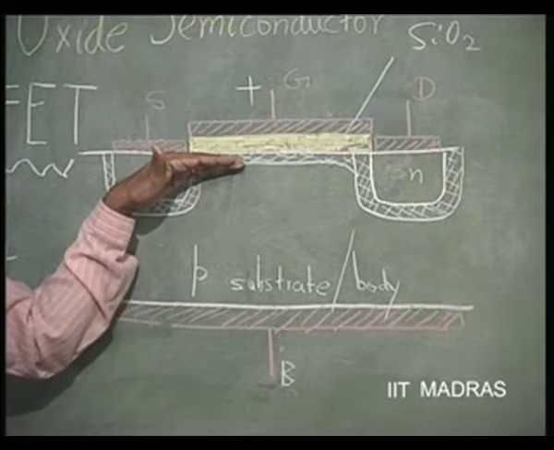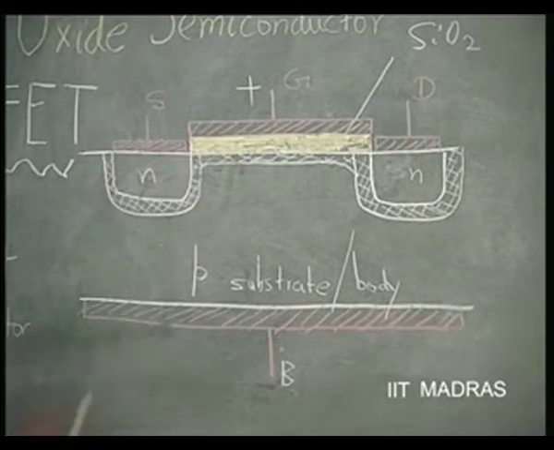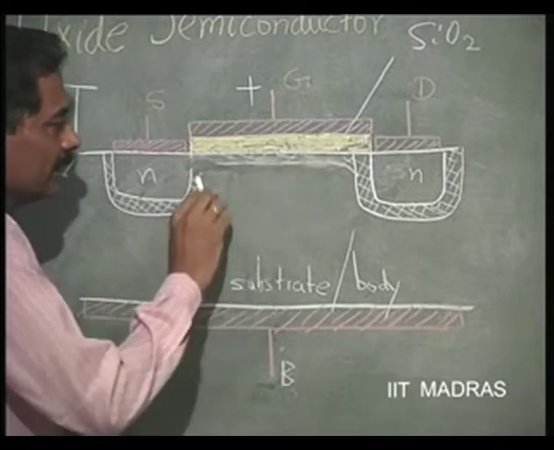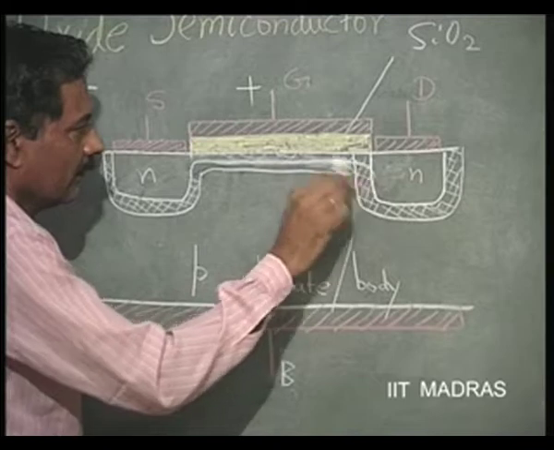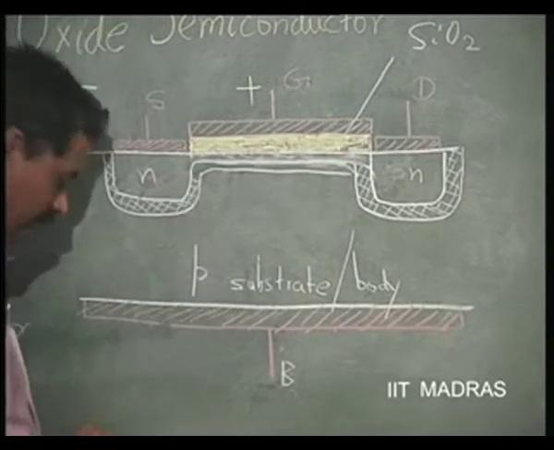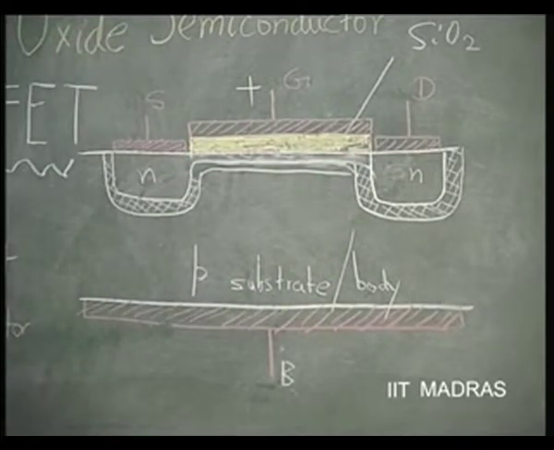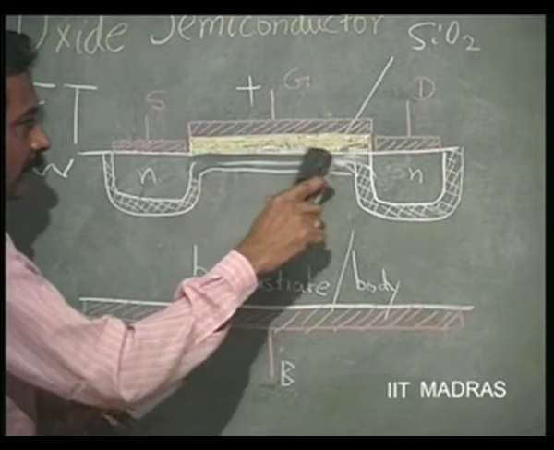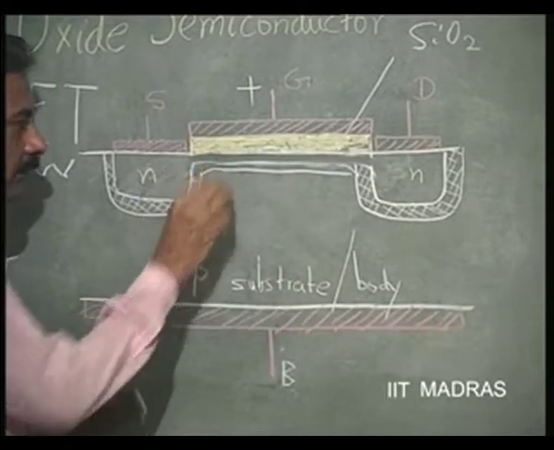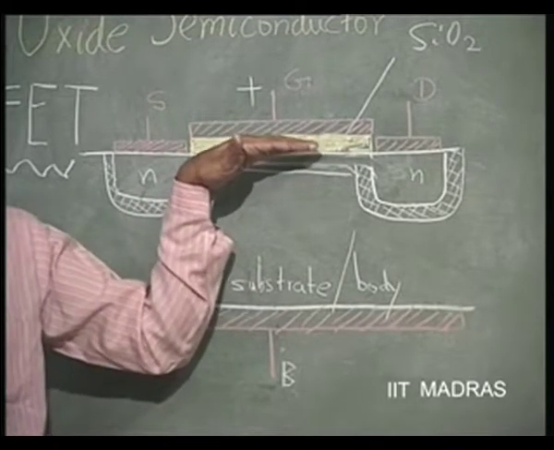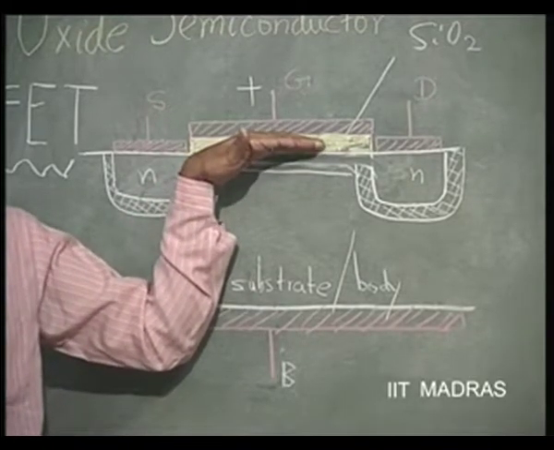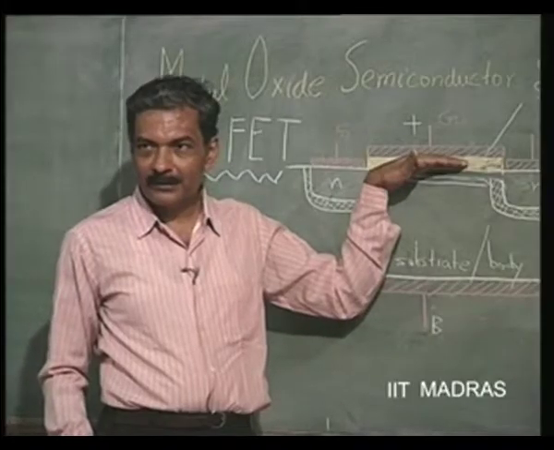Then further increase in this will make this go towards, okay, and most of the minority carriers will now start getting accumulated here, establishing negative charge, right.